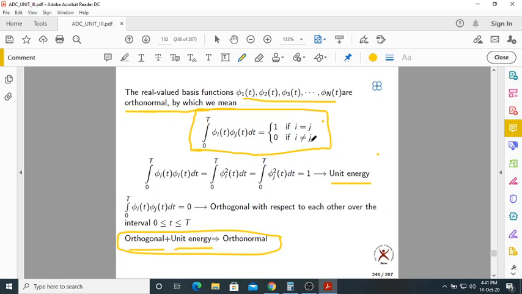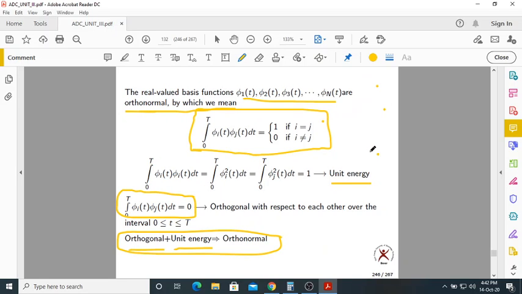Suppose i is not equal to j. Then integration 0 to T of phi i of t phi j of t dt equals 0, and this defines orthogonality, meaning perpendicular. So this definition is for orthonormality.